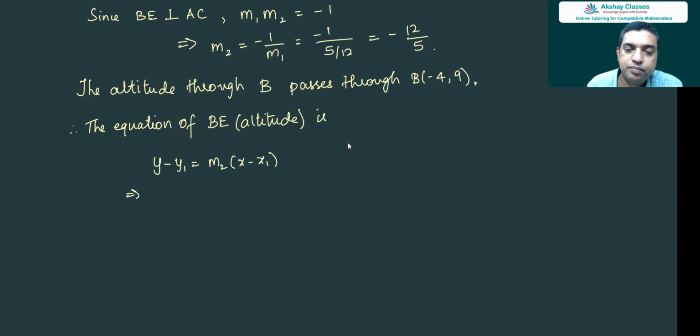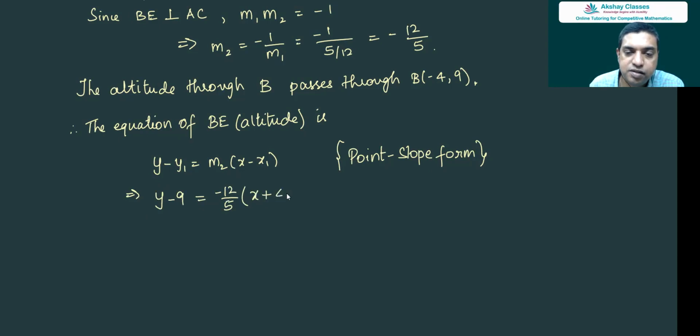Point slope form. So we get y minus 9 is equal to -12 upon 5 into x plus 4.